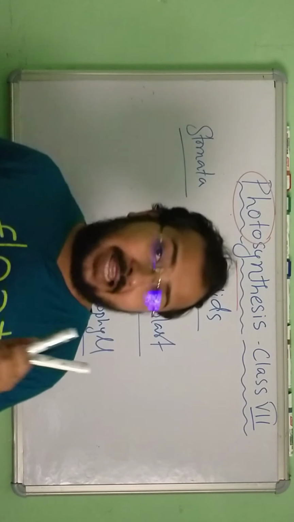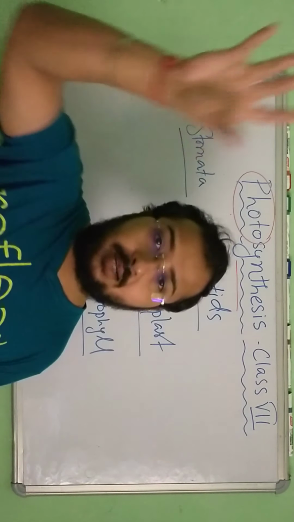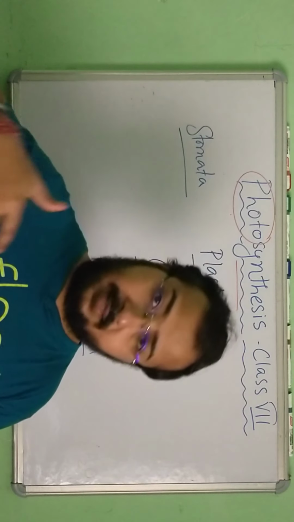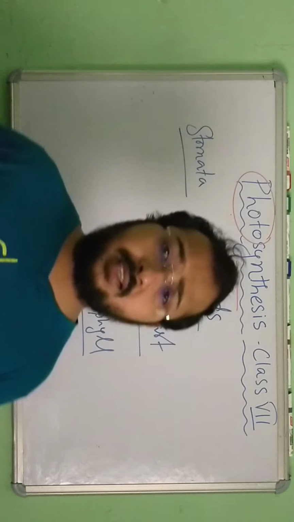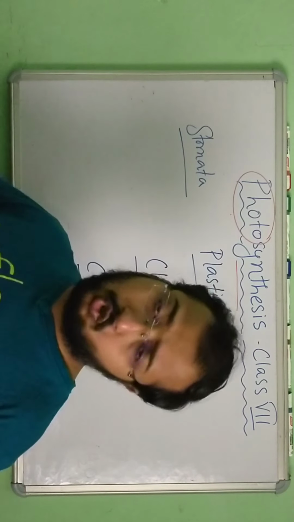This is the primary function of the stomata, that is gaseous exchange. Carbon dioxide is taken from the atmosphere, and at the end of photosynthesis, the oxygen is released out in the atmosphere through this stomata.